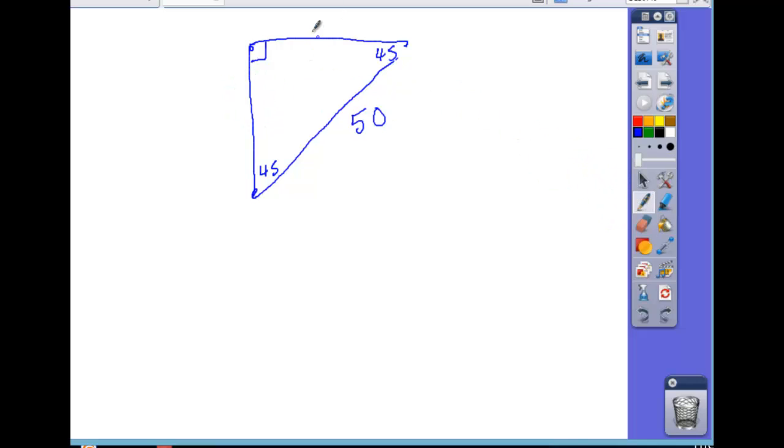I know they're the same length, so I could call this A, for example, or I could call it X, or whatever letter I want, as long as I represent it the same, because these angles are the same. So A is fine. If we call them both A, then as we've said over and over again, A times the square root of 2, the side times the square root of 2, is going to equal the diagonal or the hypotenuse. So now the question is, what is this A?